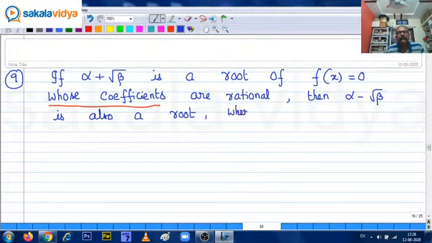Where root beta is irrational. Let me give one example.